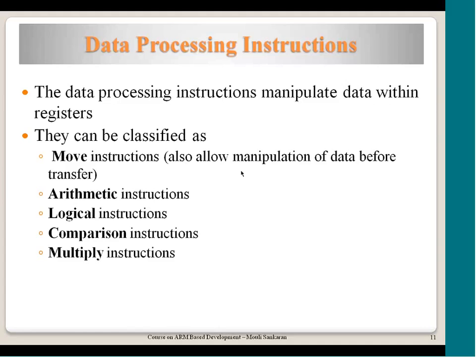So that's why we call moving the contents of one register to another register also a data processing instruction. Now there could be arithmetic operations like addition, subtraction, and logical operations like AND or exclusive OR, comparison instructions which compare two register values and then say whether they are equal or less than or greater than using the conditional flags, and multiply instructions which multiply the contents of registers.